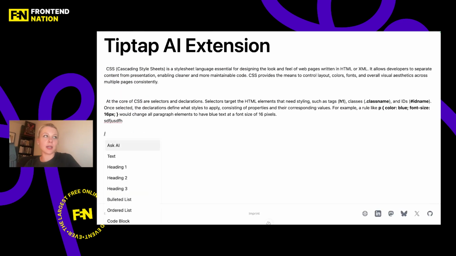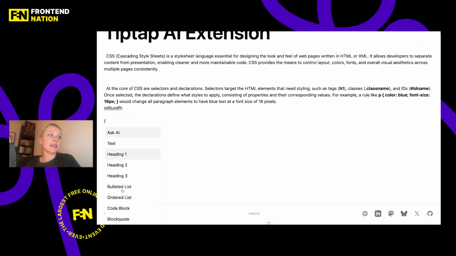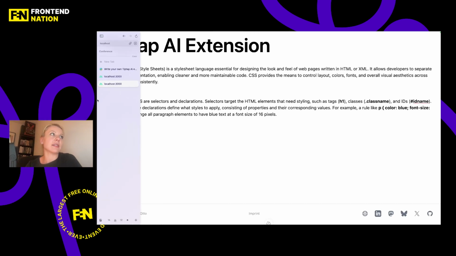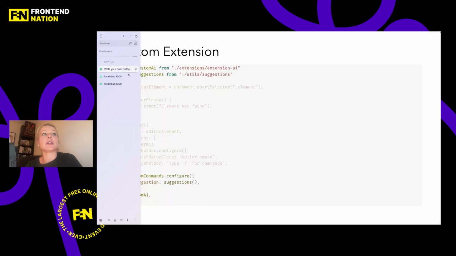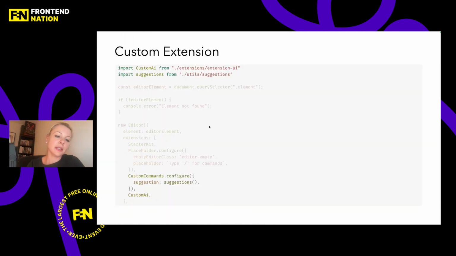So when I type / and now I see this list here, these are the custom commands and the suggestions. And on top of here, you can see especially Ask AI, which is also an extension for the AI extension. So 2 extensions we are building for this menu and for the AI itself.